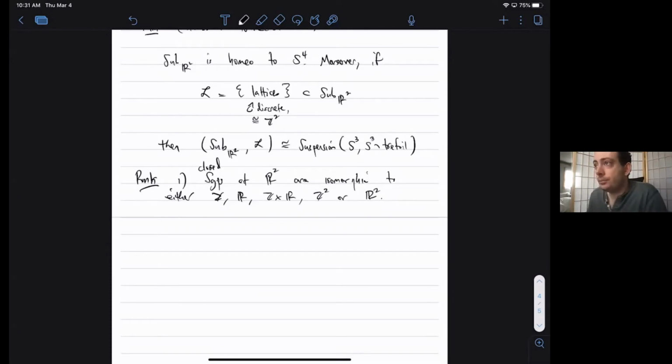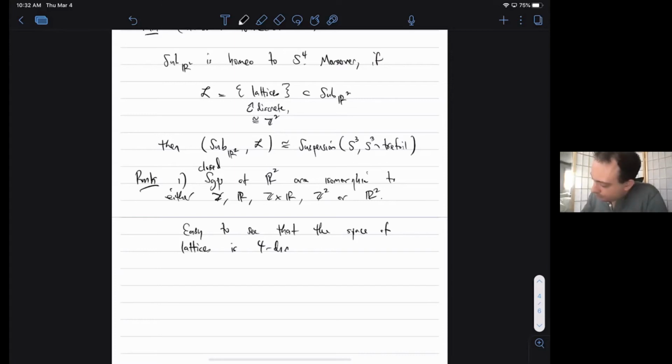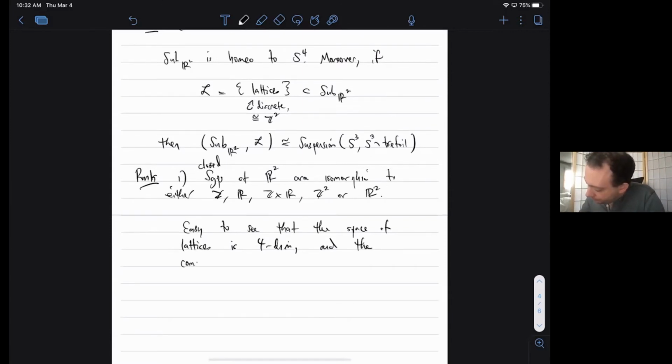And it's easy to see that the space of lattices is 4-dimensional. Just because how do you specify a lattice? You pick 2 generators. So that's 4 degrees of freedom. And the complement is 2-dimensional.